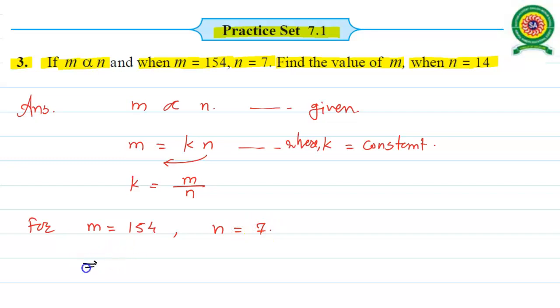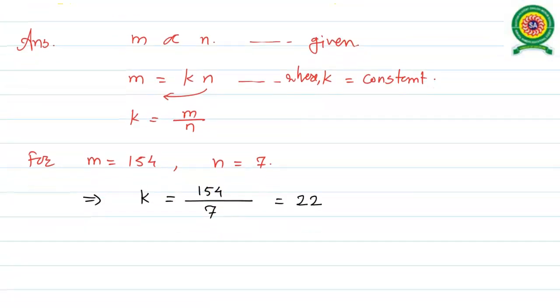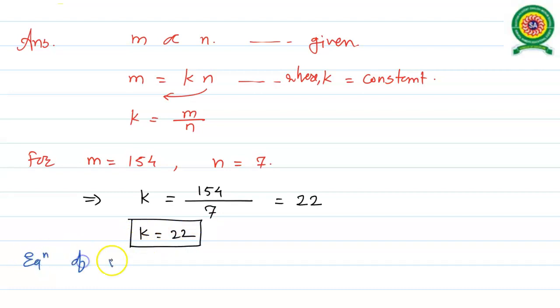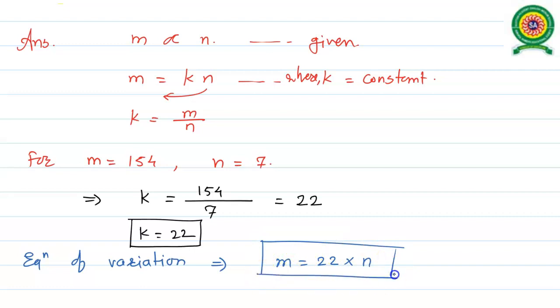So k equals 154 divided by 7. We know 22 sevens are 154, so the value of k is 22. Now I am writing the equation of variation: m equals 22 into n. This is our equation of variation.